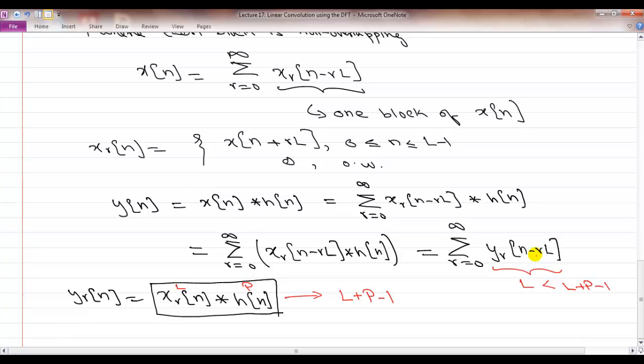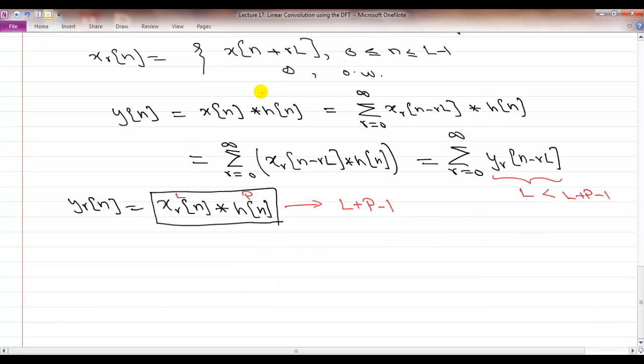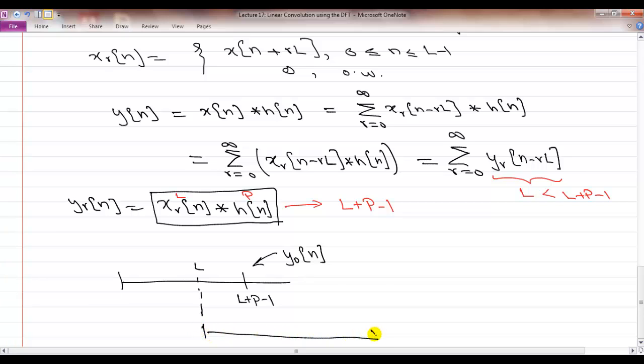Okay. So what happens is that, with your y_r[n minus rL], let's focus on y_0 and y_1. y_0 goes up to L plus P minus 1, and y_1 starts at 0 and then you are shifting it by L. So y_1 starts here somewhere at location L. This is y_0, and then y_1 is here.